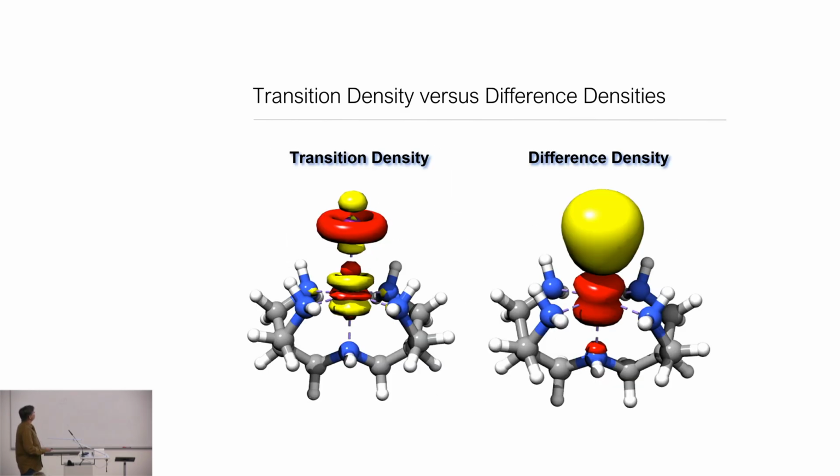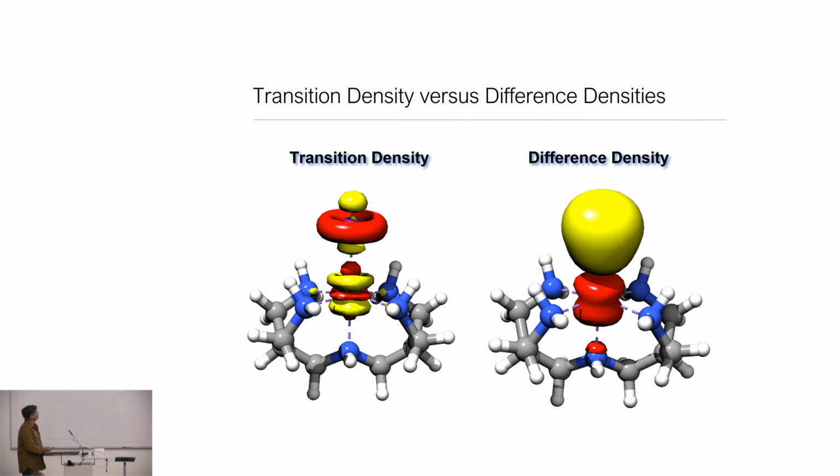For example, here for an LMCT transition, you see the visualized transition density, and that is the visualized difference density that I've already shown you. They happen in the same region of space, along the metal-ligand axis, but they have very different shapes. So the transition density and the difference density are very, very useful.